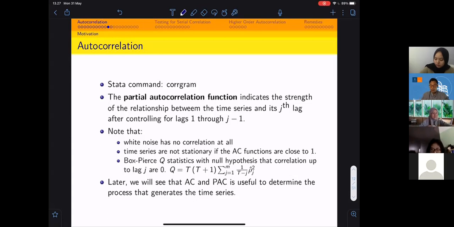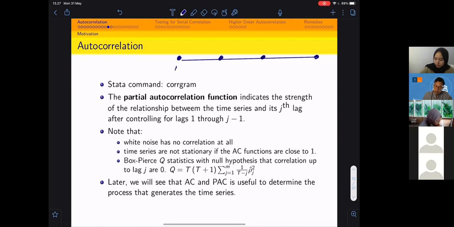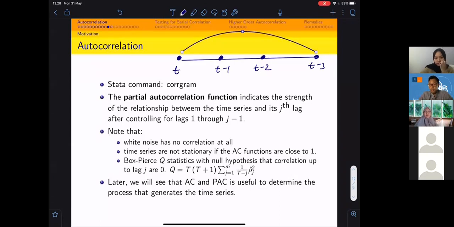Suppose that we have two periods in the data that are some periods apart. So we have t, then t minus 1, t minus 2, and t minus 3. The correlation between the residual at time t and at t minus 3 is the autocorrelation between t and t minus 3.